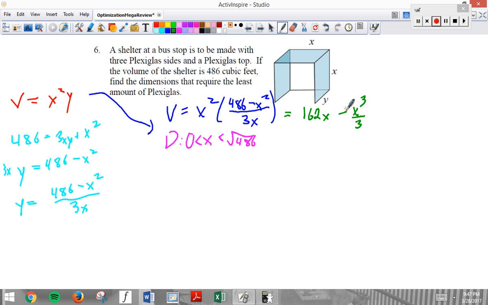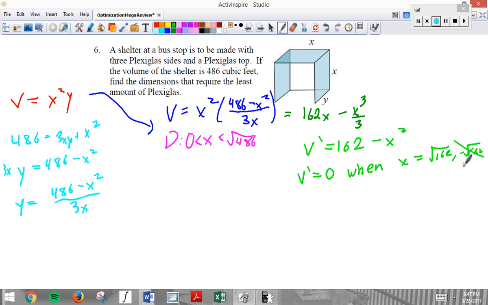Okay. So v prime equals 162 minus x squared. So v prime equals 0 when x equals the square root of 162 or the negative square root of 162.